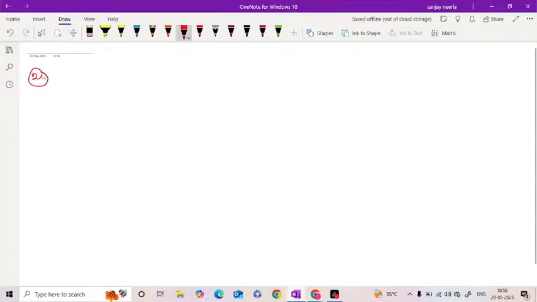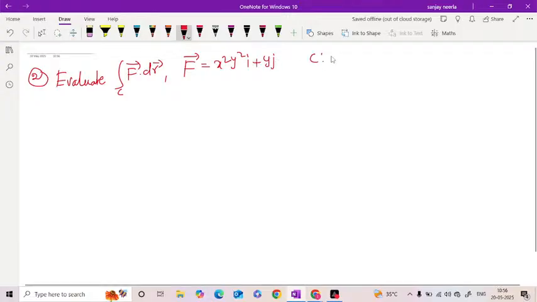So the second question is, evaluate the line integral of f dot dr, where f is, same, I am taking a vector point function, x square y square i plus yj, where c is the curve, and it is given that y square is equal to 4x.